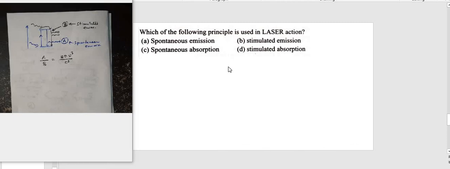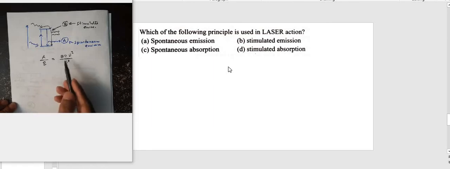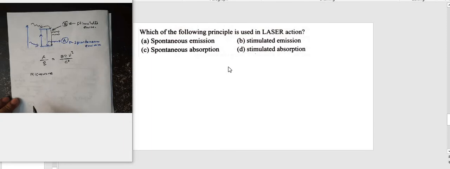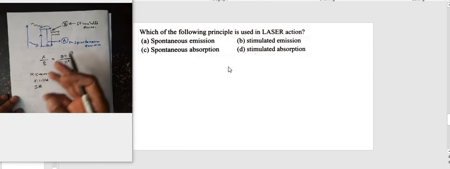So spontaneous emission is highly probable when frequency is very high. Stimulated emission is highly probable if frequency is very low. That's why laser action, that is the amplification, is possible for microwave, which has low frequency, and for visible light and IR. For low frequency radiation, stimulated emission will occur in a more probable manner.